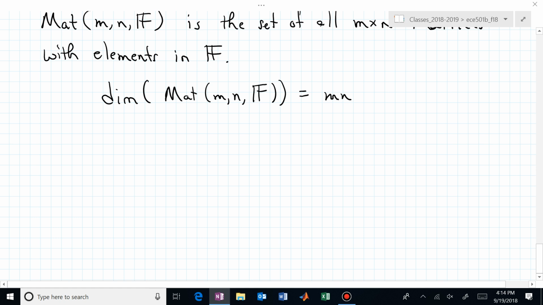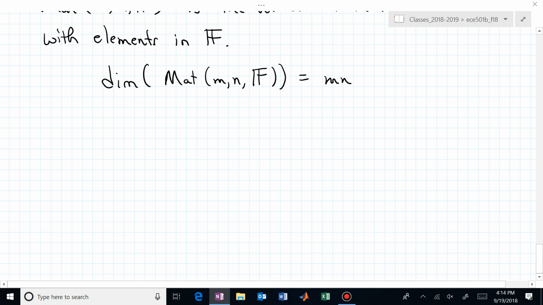I knew I was misleading myself. So I had it right to begin with, and then I was overthinking it. But this now takes mn numbers to specify, just like your n vector. It takes n numbers to specify.